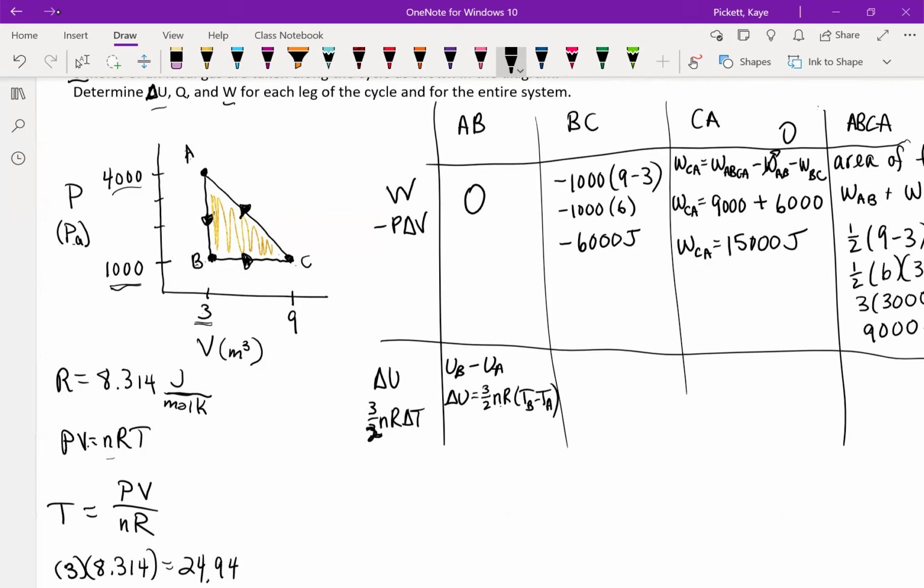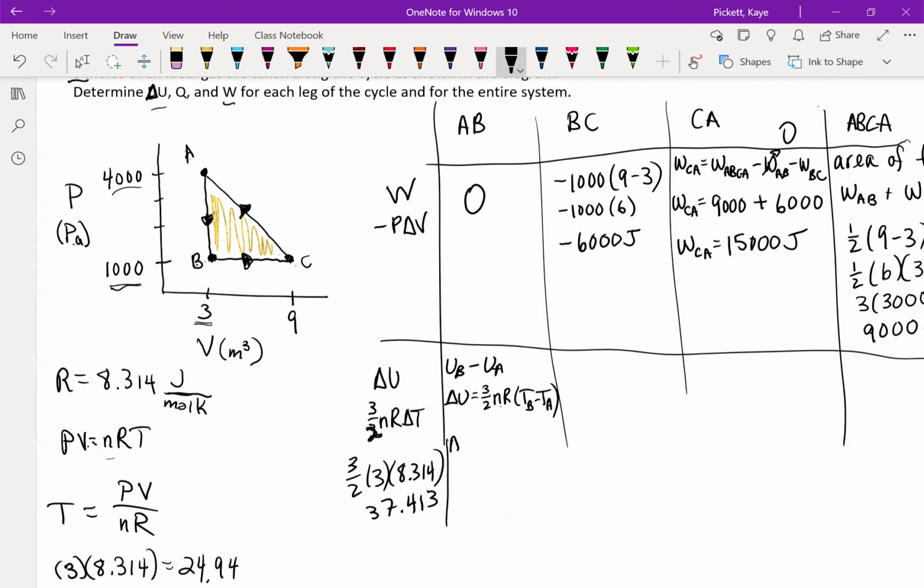So I'm going to go ahead over here on an aside and do 3/2 times 3 times 8.314. And that's 9 divided by 2 times 8.314. And I get 37.413. Alrighty. So I've just gone ahead and calculated that coefficient to make my life a little easier.